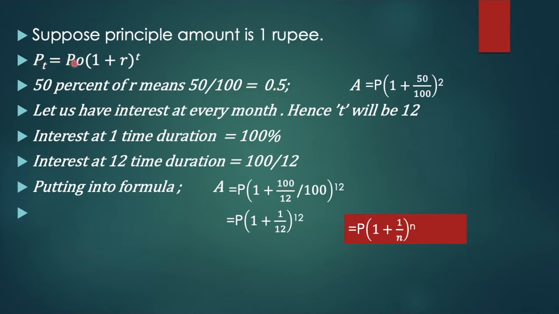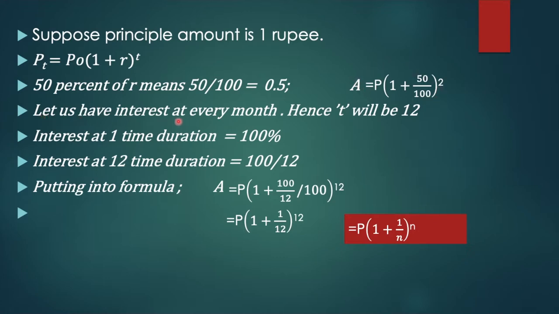Pt equal to P0, which is 1, under bracket 1 plus R. Suppose we have considered 50, then here we can consider 0.5 to the power, suppose we have considered time interval as 2. Or we can also write like this: 1 under bracket 1 plus 50% divided by 100 to the power 2. If you consider R in percentage, then we have to use the formula like this.